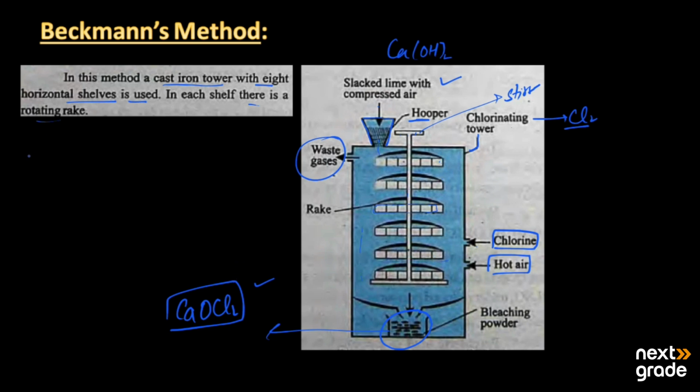Now, this apparatus works on the counter current principle. What does this counter current principle mean? It means that the maximum reaction of the slaked lime and the chlorine is brought about with very little loss of chlorine. In the counter current, one substance comes from the top and the other comes from the side.